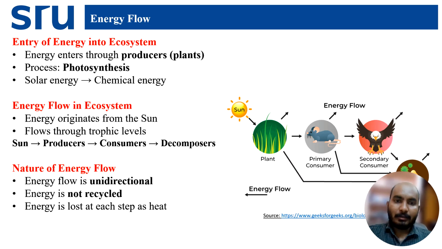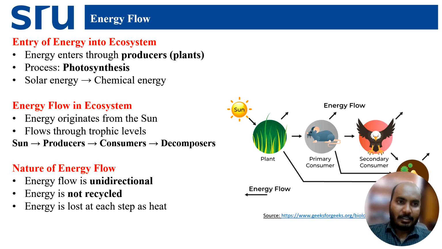This is a unidirectional process: sun to plant, plant to primary and secondary consumers, followed by the decomposers. You can see the energy transformation from the sun to decomposers.